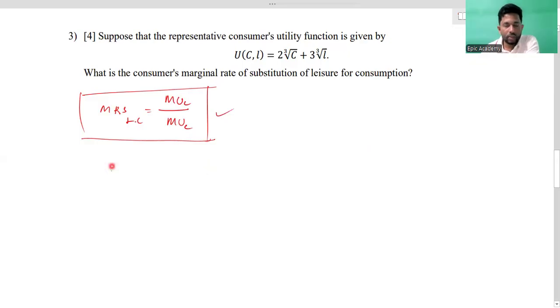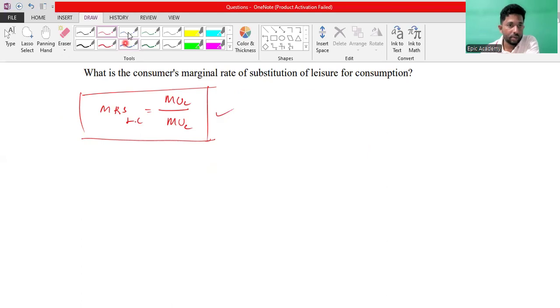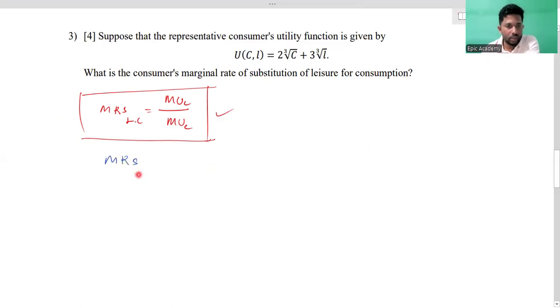Then another equation must be there. Two types of equations are there. MRS is the marginal rate of substitution. C, L. Okay, this is C. It is similar, I will change that.